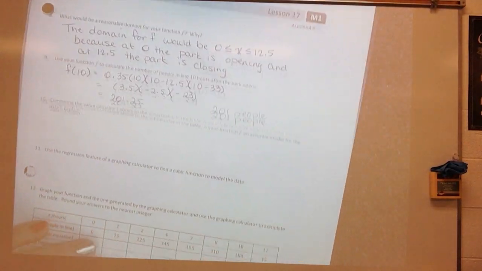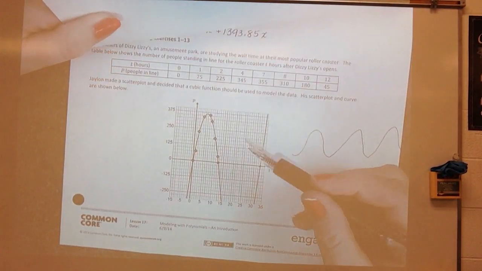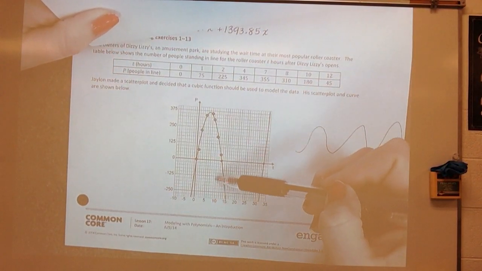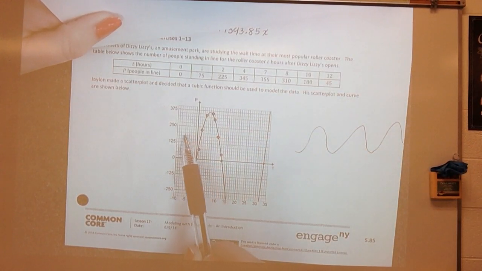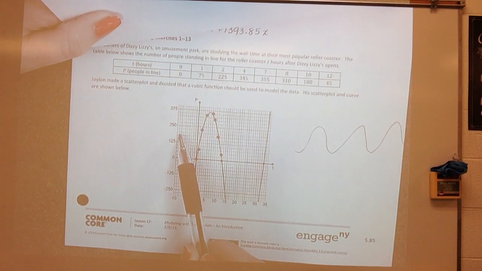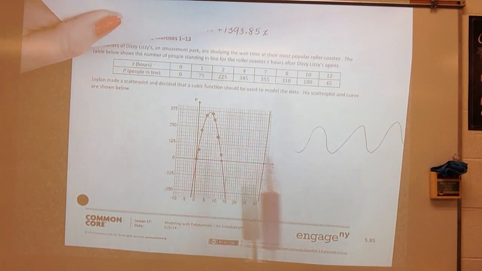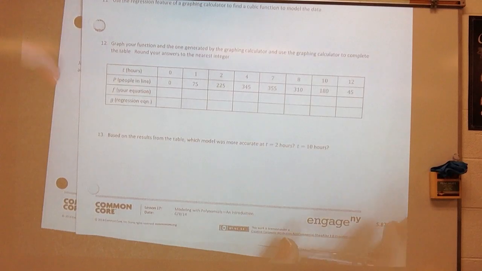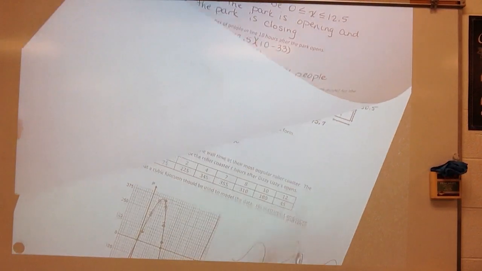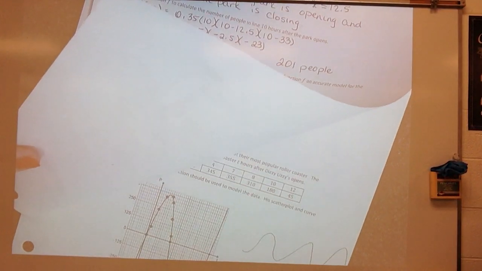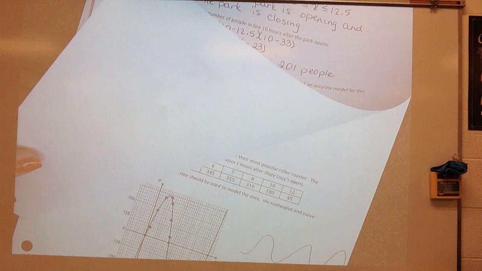Let's go back and look at our graph and see if that makes sense. So at 10 hours, if I follow that up, well, that looks about right. Alright. Comparing the value calculated above to the actual value in the table, is your function f an accurate model for the data? Well, let's go. It says at 10 I had 180 with the actual data.